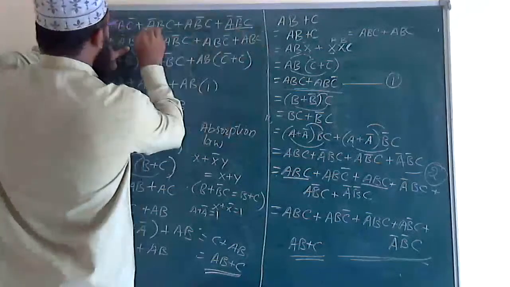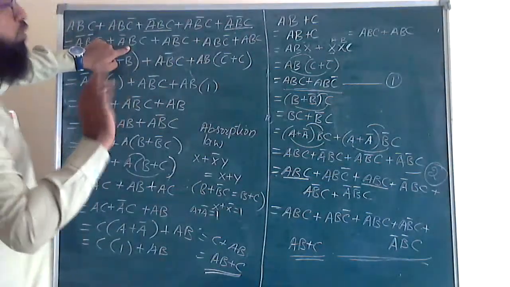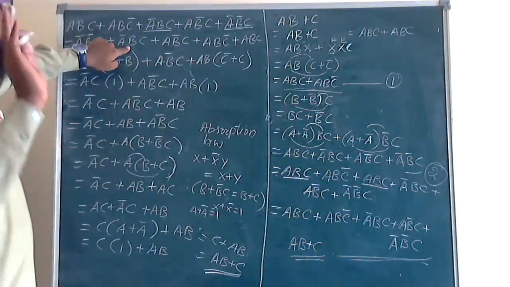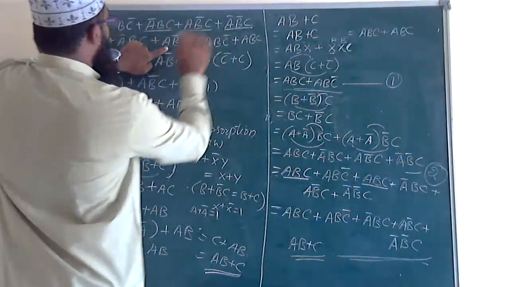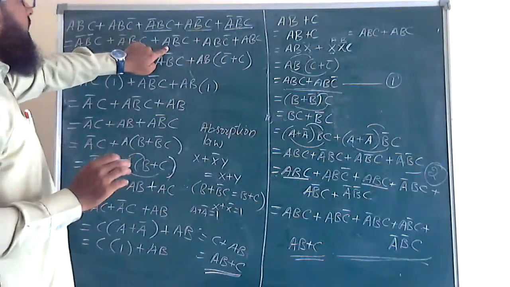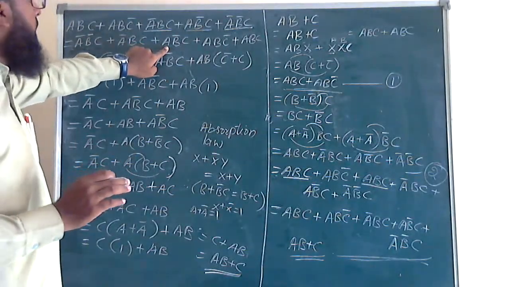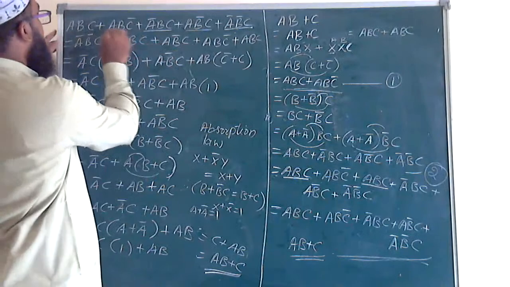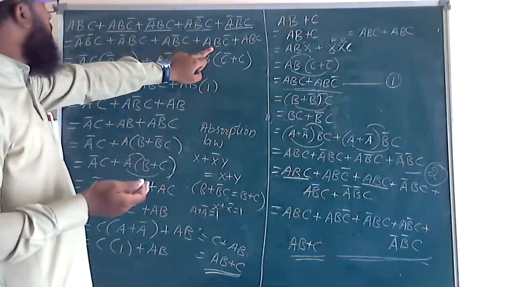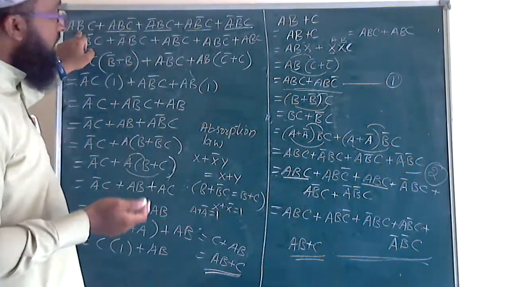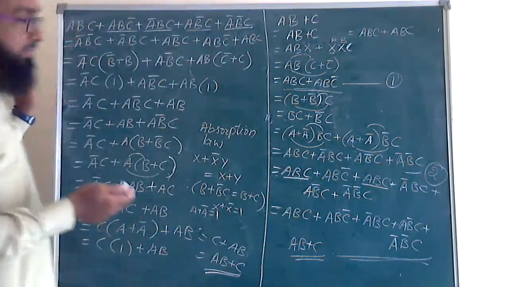Then no more a bars are there. Check for b bar. Any b bar is there? Yes, only one b bar. Write down that one. No more b bars. Only c bar is there. Write down the c bar. No more c bar. Only one term is present. Write down the last term.